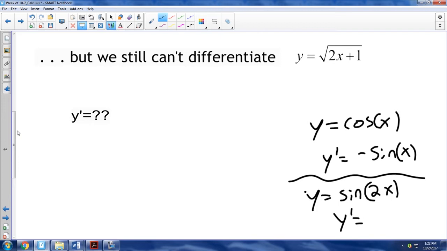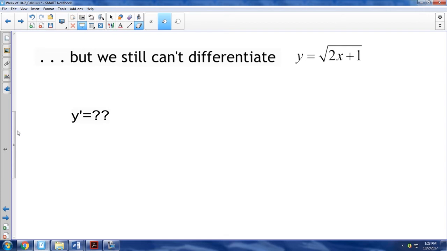So this is kind of where we're going with this. I'll erase this. We can always fast forward back to that. Pretty cool. So here's the deal. We need to break it down into an inner and an outer. Okay? So what could you take the derivative of? We would be okay if it was, let's say, s equals the square root of t, right?